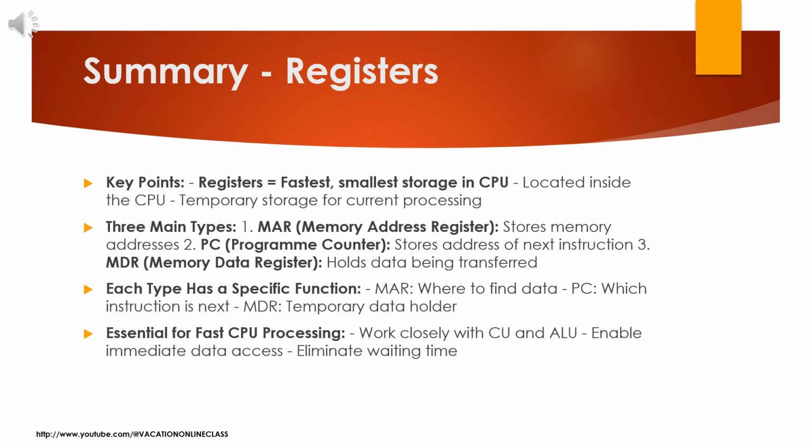The MAR, which stores the specific memory address the CPU needs to find. 2. The program counter, or PC, which looks ahead to store the address of the very next instruction. 3. The MDR, which acts as the holding area for the actual data being transferred.